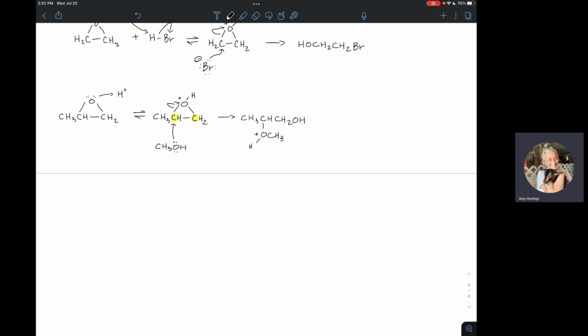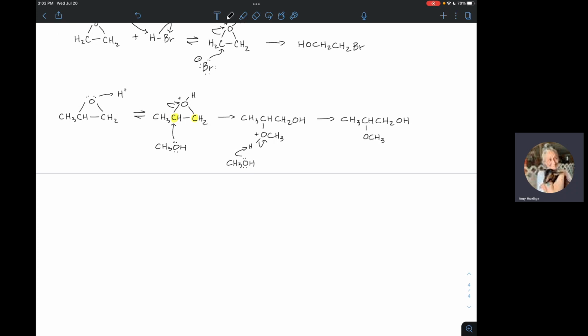And anything in the reaction mixture that can take a proton away, probably just excess methanol, anything at all that could act as a base will deprotonate this. And you'll get essentially alcohol and ether functionality on the molecule.